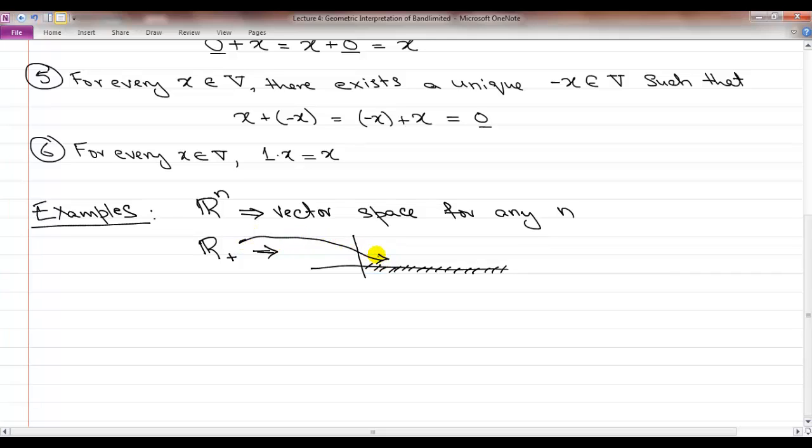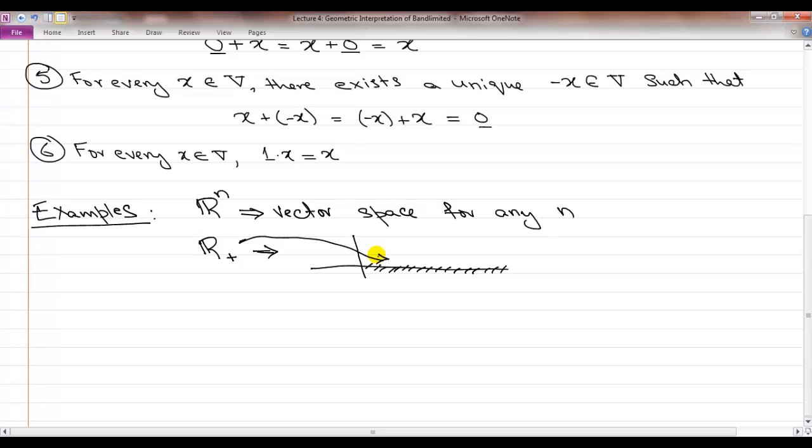The question is, is this a vector space? This R plus is not a vector space because additive inverse does not exist in this region. Okay? It's a line segment, it's not a vector space. Now, those are sort of classical examples. Let's talk about something that we traditionally don't think of as vectors.